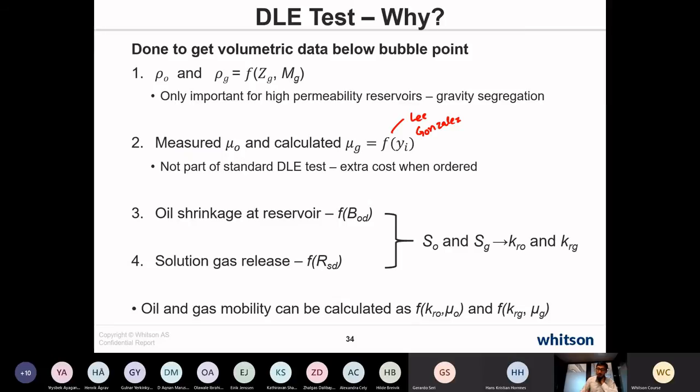Together with the viscosities, you get the mobility of the oil and gas phases, and that gives you the rates that you produce from the well.